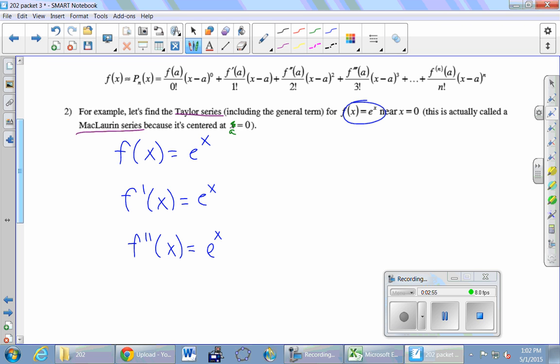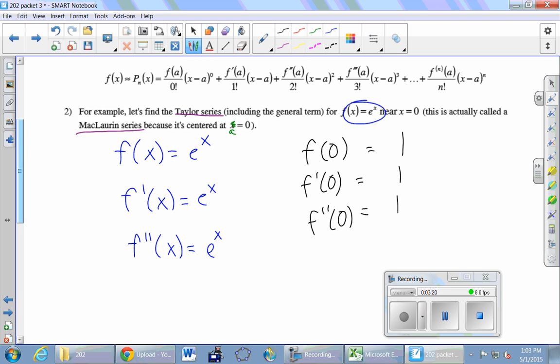All right, the next one will be harder. Next one, we're going to do in another color over here. Let's do f of, what's the magic center number? 0. So we're going to do f of 0, f prime of 0, f double prime of 0. 1 and 1 and 1. Good. Again, I'm happy enough that we have our pattern here. So all of these derivatives will be 1.